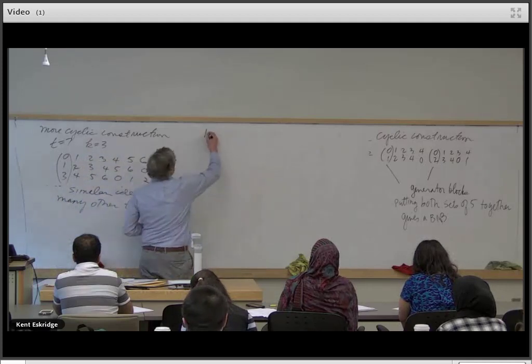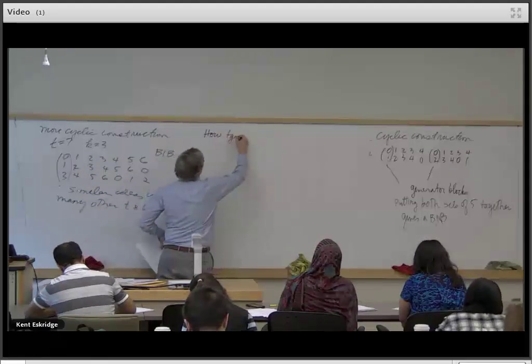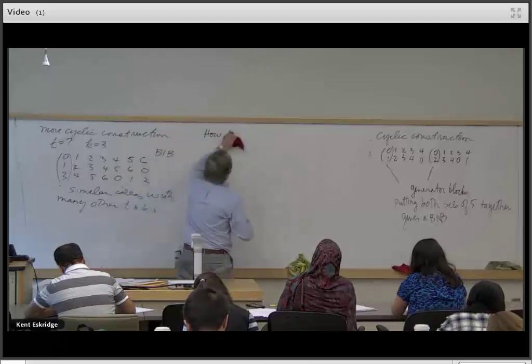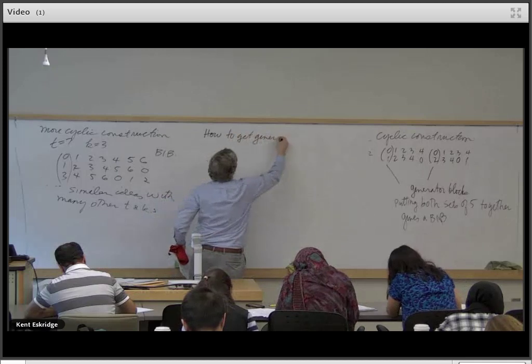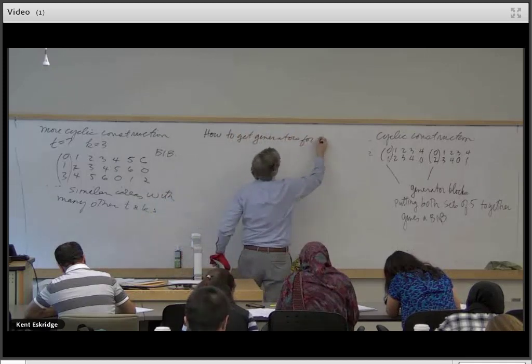Okay, so how to get the generators? How to get generators of BIBs?